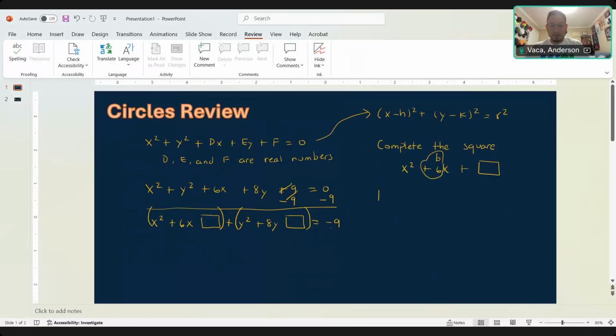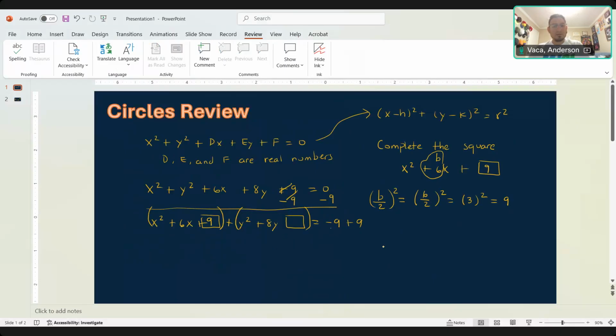So we're going to take b, divide by 2, and then square that quantity. What is that? 6 divided by 2, quantity squared. 6 divided by 2 is 3, quantity squared is equal to 9. So the number that completes the square is 9. And so if we add 9 here, we must also add 9 to the other side.